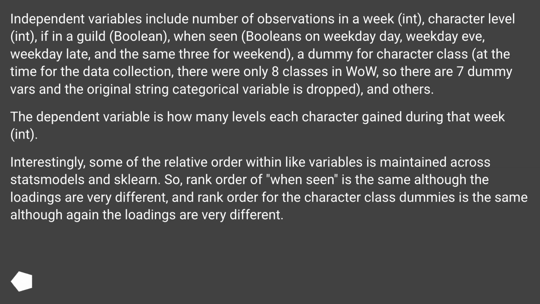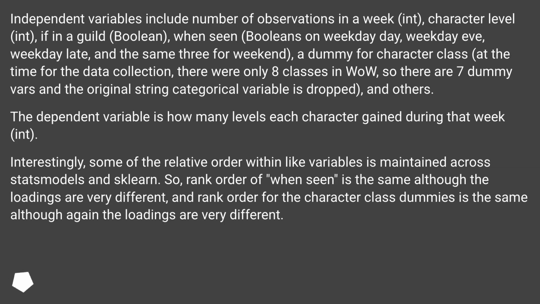At the time of data collection, there were only 8 classes in WoW, so there are 7 dummy vars and the original string categorical variable is dropped, and others. The dependent variable is how many levels each character gained during that week, int.